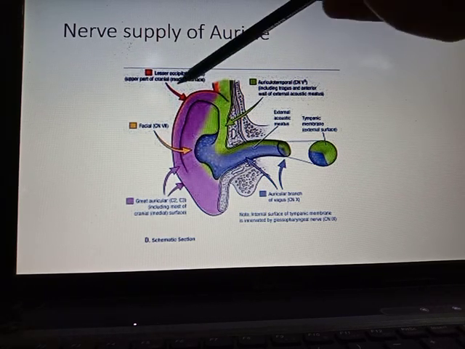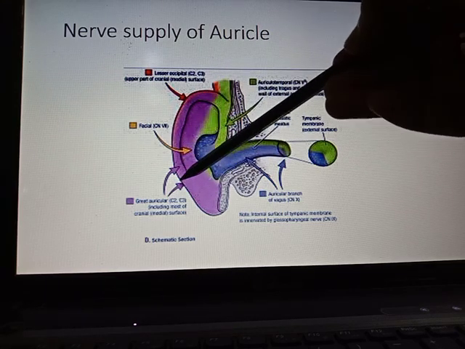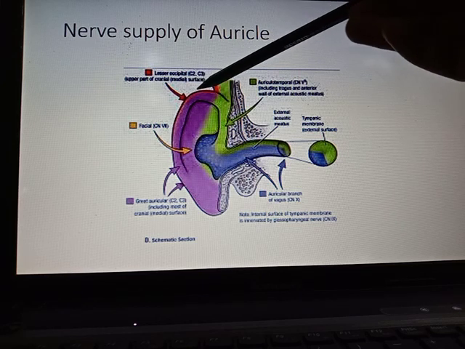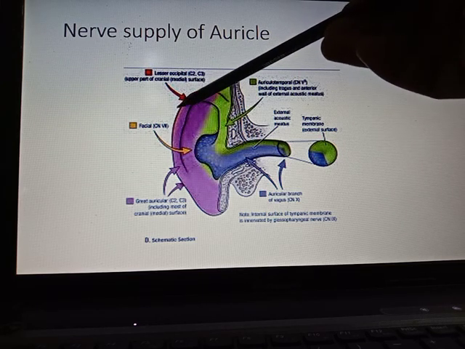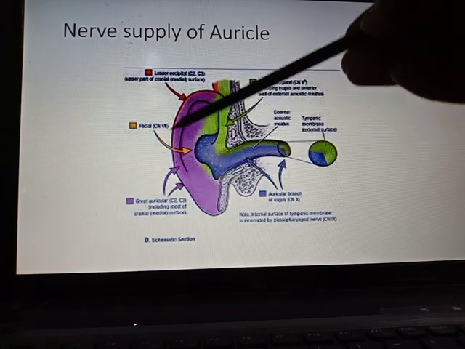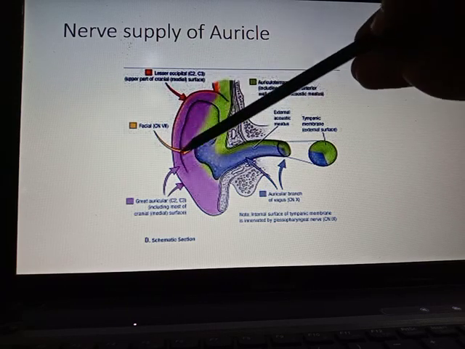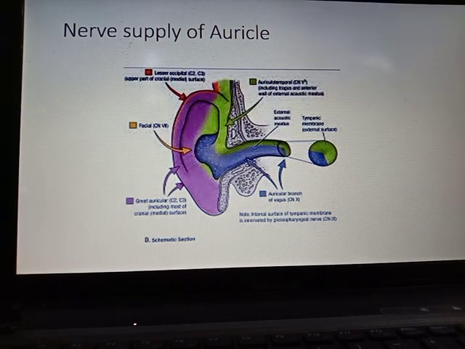This part is the lesser occipital nerve, only this part is supplied by the lesser occipital nerve, and most of this pinna, most of this auricle on the cranial side and the facial side is supplied by the great auricular nerve.